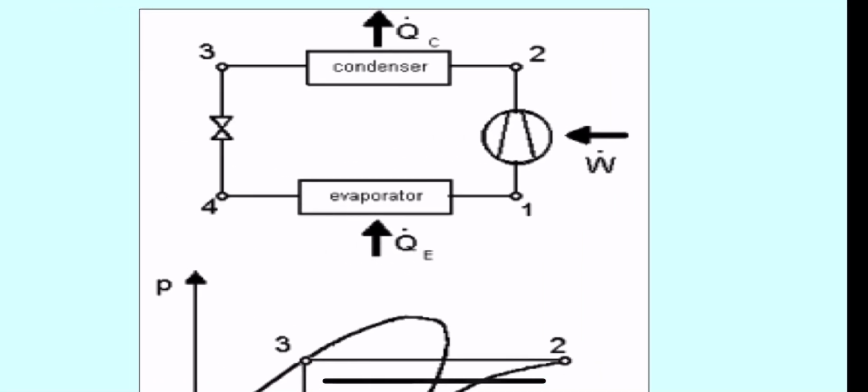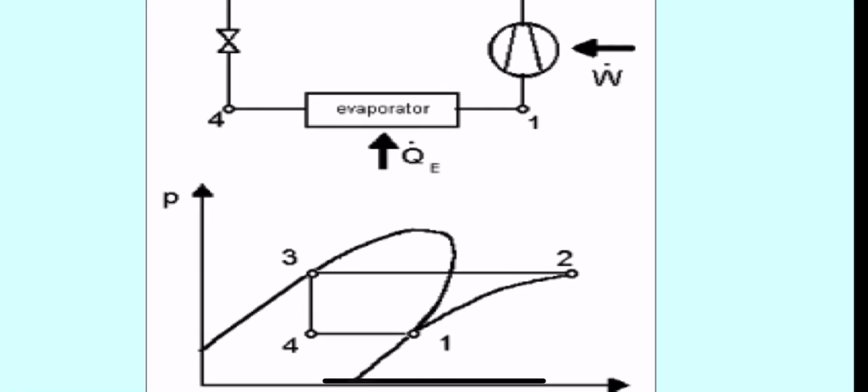In the evaporator, the space to be cooled, the liquid refrigerant absorbs the heat. So heat is absorbed at the evaporator, heat is rejected at the condenser, and work is supplied to the system.